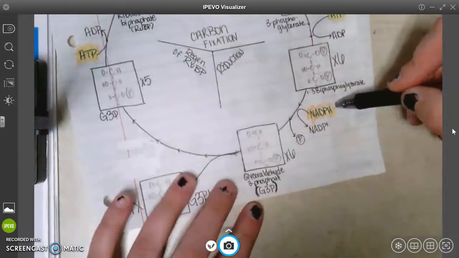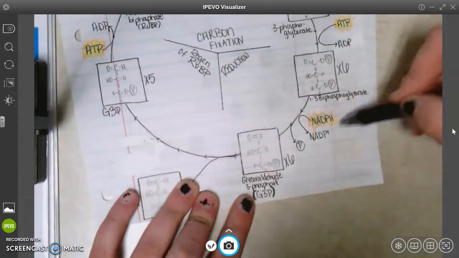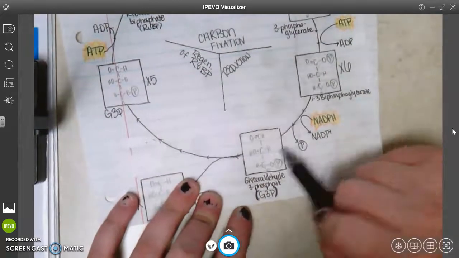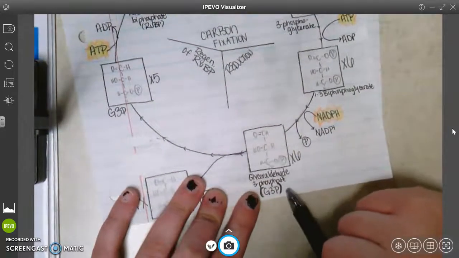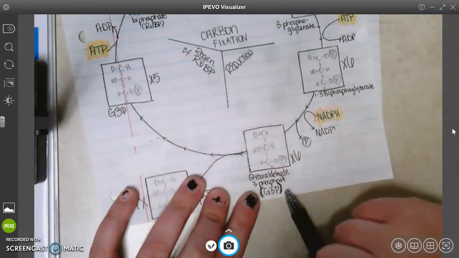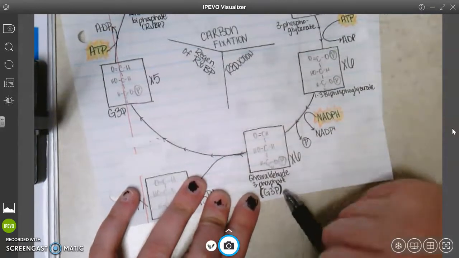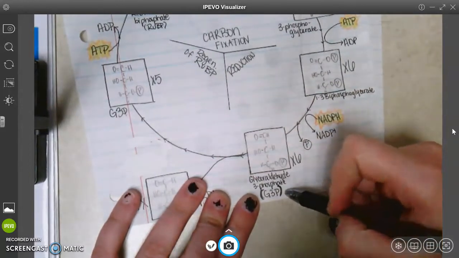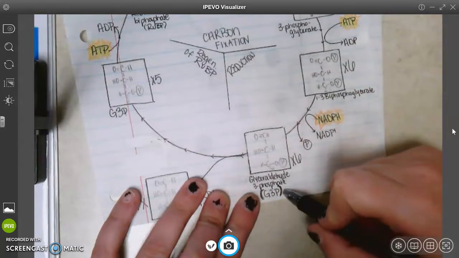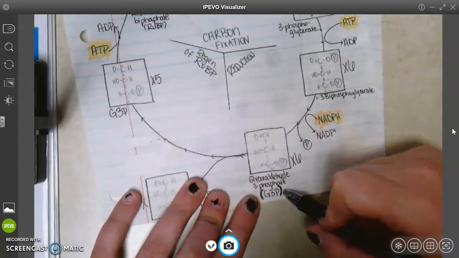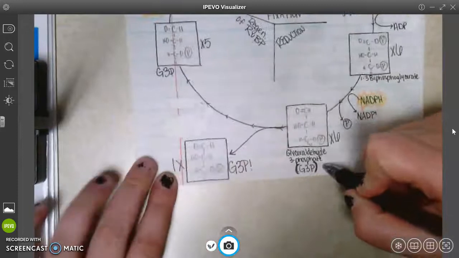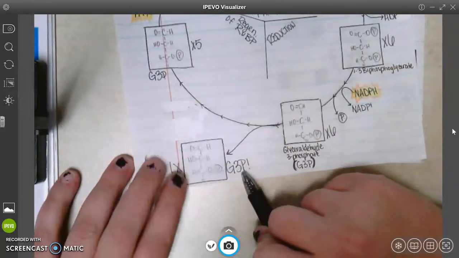And then we're going to use some more of the energy, the electron carriers that we generated, to remove those phosphate groups to create this guy here called glyceraldehyde 3-phosphate, or G3P. Now this is pretty much the basic component to build a sugar. Okay, this can very easily be turned into starch, into cellulose, into just a glucose molecule. This is a very basic sugar component, and so that is what you are going to produce from this process.